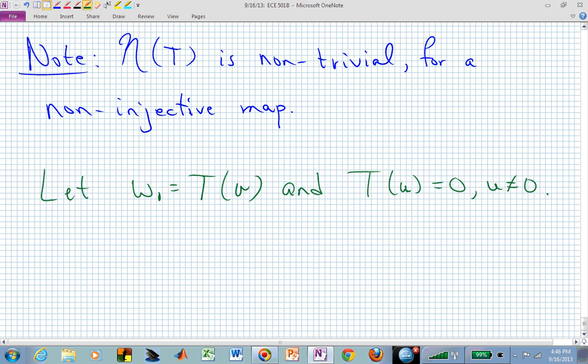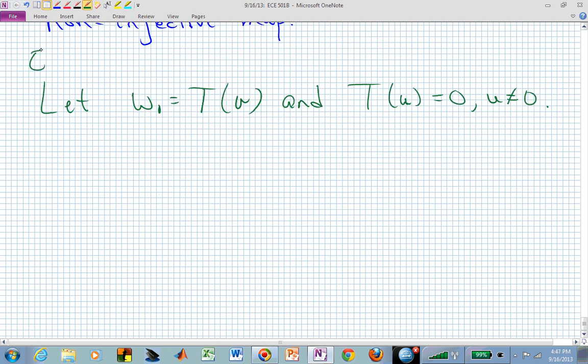So we have a non-trivial null space in this little example. Then we can build up all sorts of vectors in the domain. For example, we could build up a z, which might be u plus v.